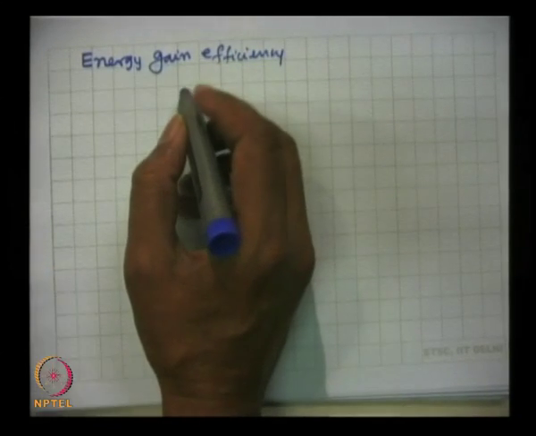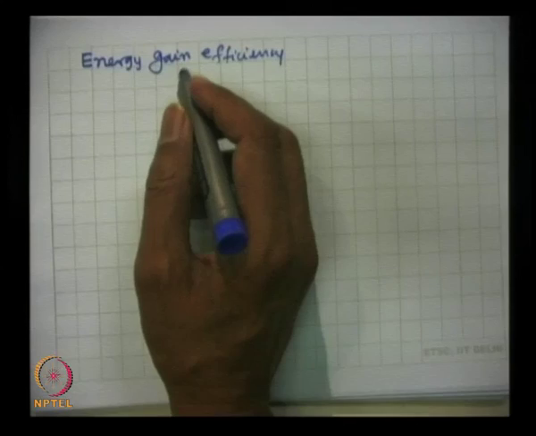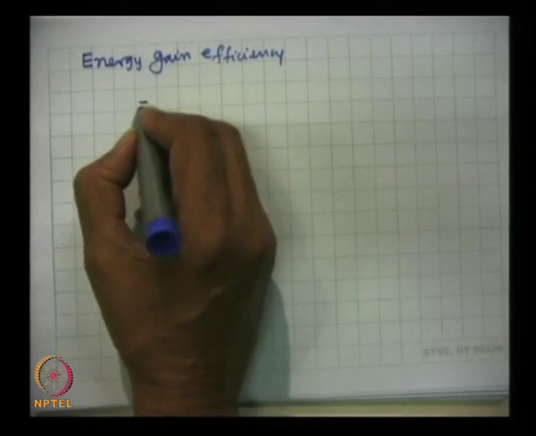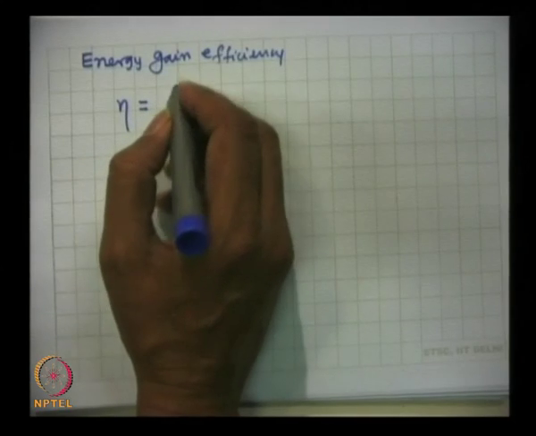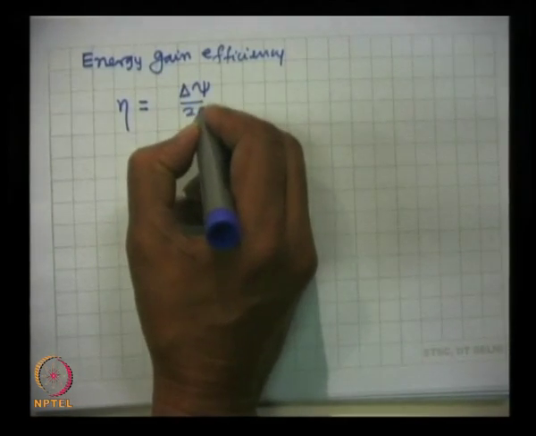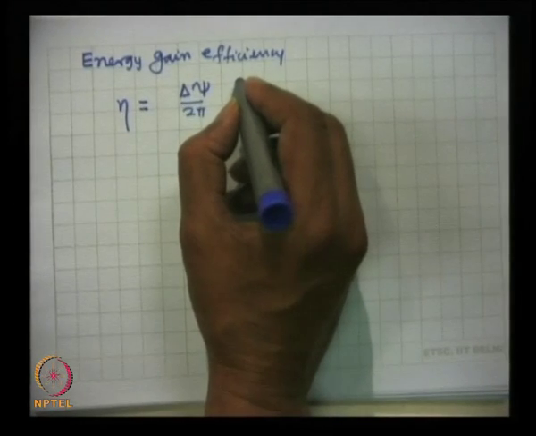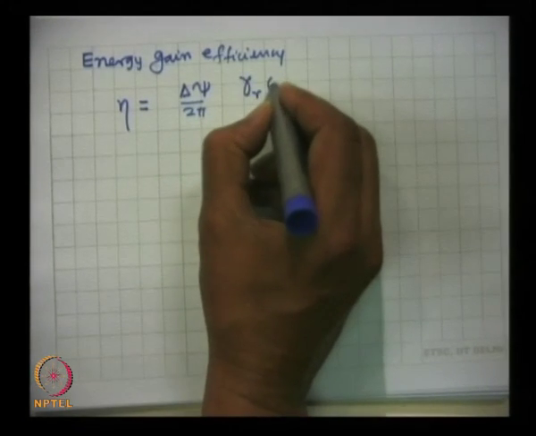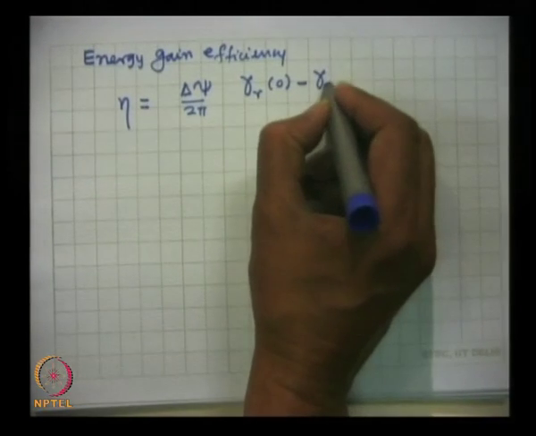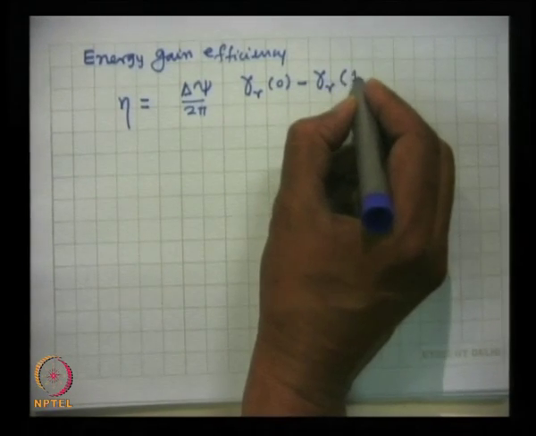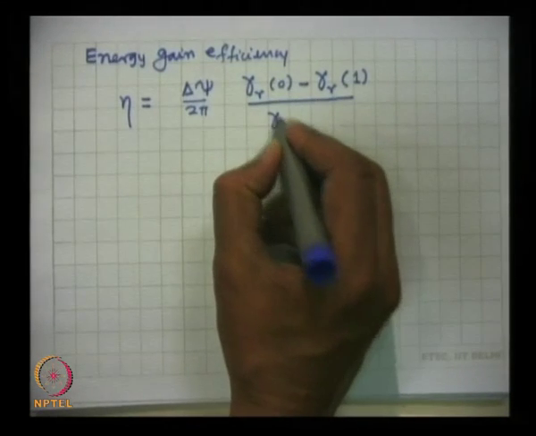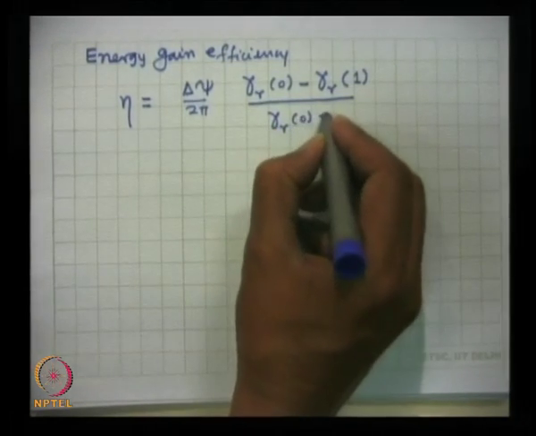This is defined as the energy gain by radiation divided by the initial kinetic energy of the electron beam, and this turns out to be delta psi by 2 pi times gamma r at the entry point minus gamma r at the exit point where xi is equal to unity, divided by gamma r at 0 minus 1.